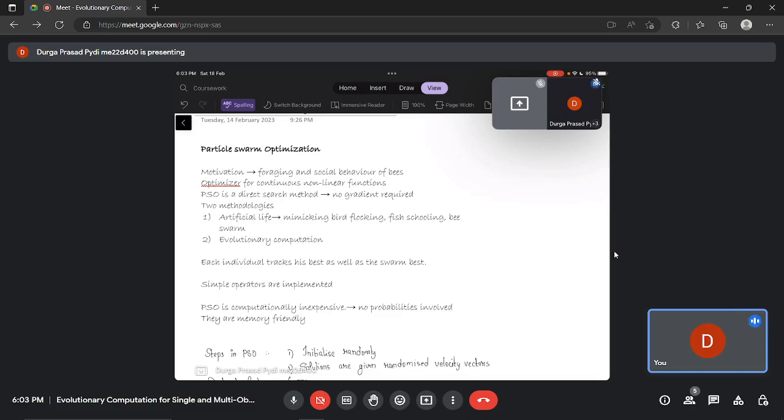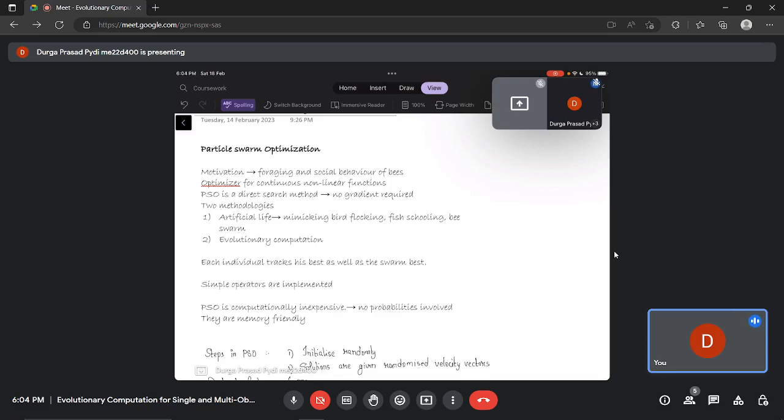Originally this algorithm was developed for continuous nonlinear functions. As you can see, even in the previous genetic algorithm technique, we never used any information about the gradient. Traditional classical techniques of optimization involve finding the gradient and equating it to zero. But in these evolutionary techniques, we do not require any gradient information.